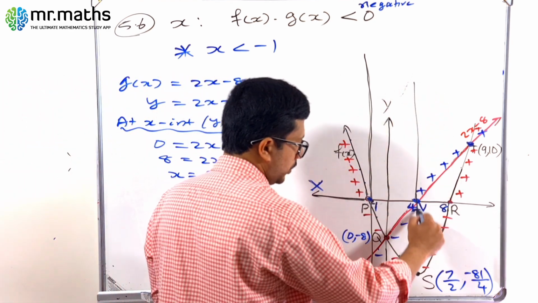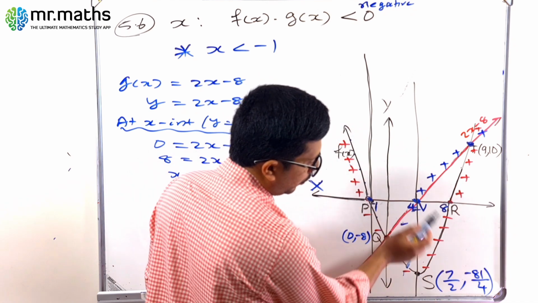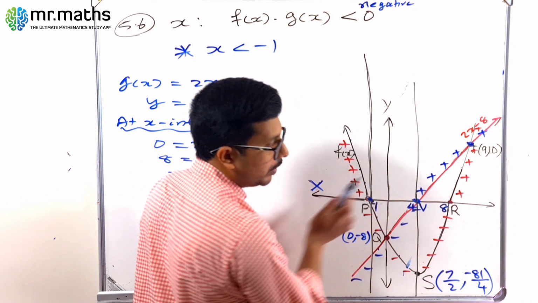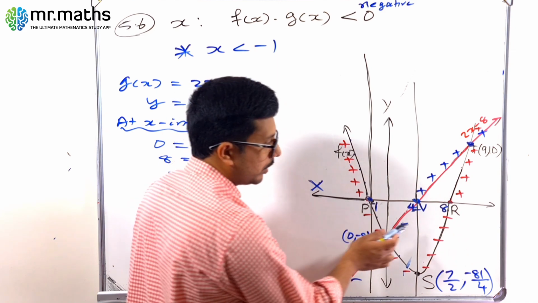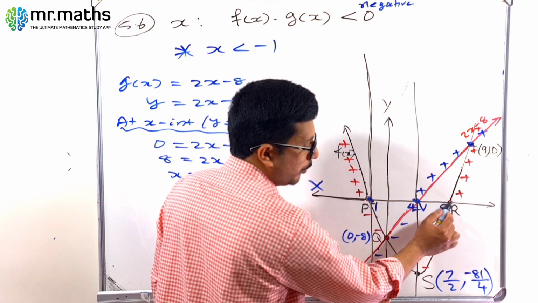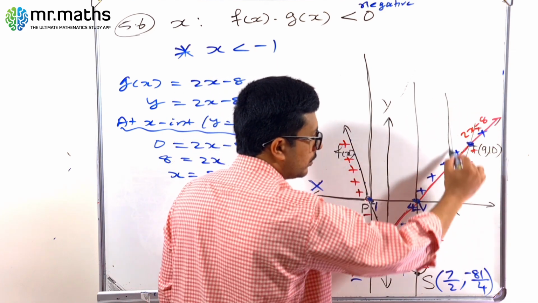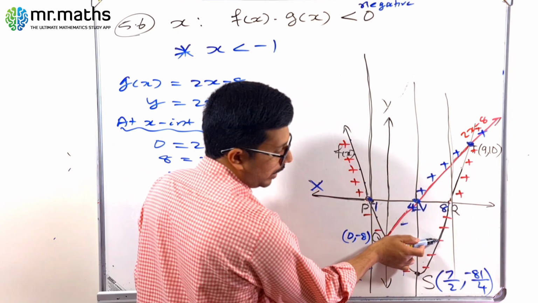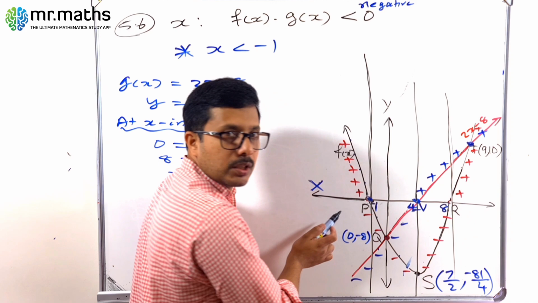So here after this 4, what is happening? One is negative and the other one is positive. Can you see that? Up to which one? Up to this 8. So between this 4 and 8, one graph is negative and the other graph is positive.